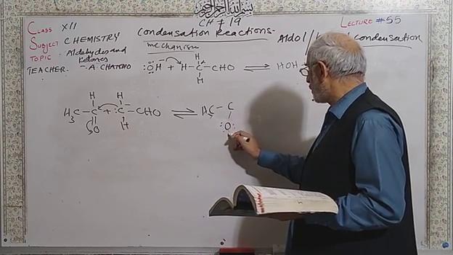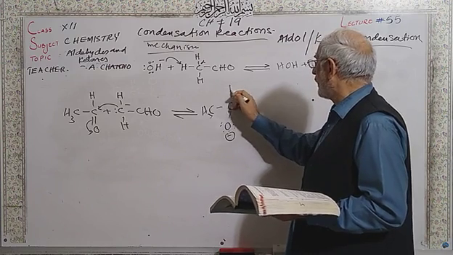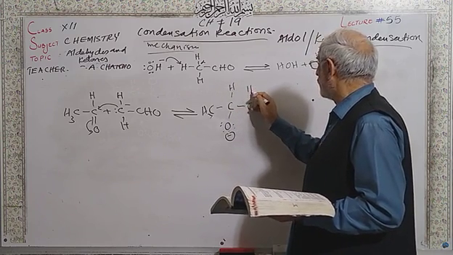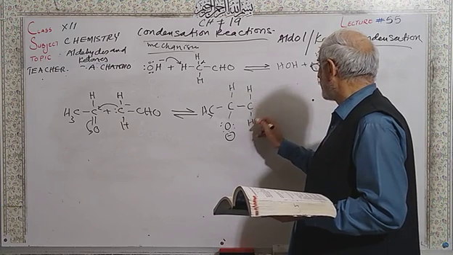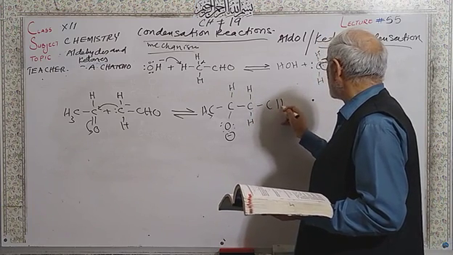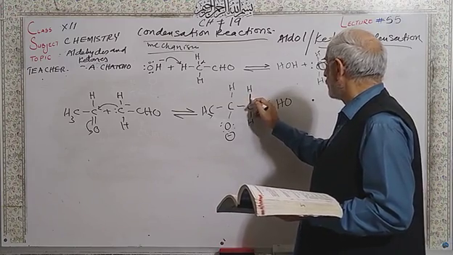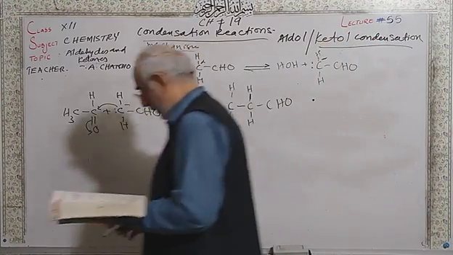So there is a charge, hydrogen is there, carbon is attached, valency of this carbon is satisfied, and this is the aldehyde functional group. So this is step number 2.